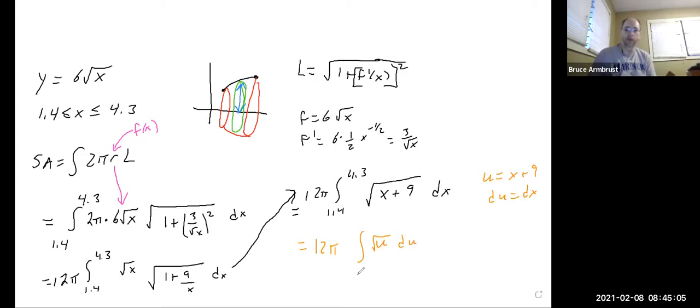If x is 1.4, u is 10.4. If x is 4.3, then u is 13.3. So we're just about there. u to the 1/2, that's the square root. So u to the 1/2 becomes 2/3 u to the 3/2.